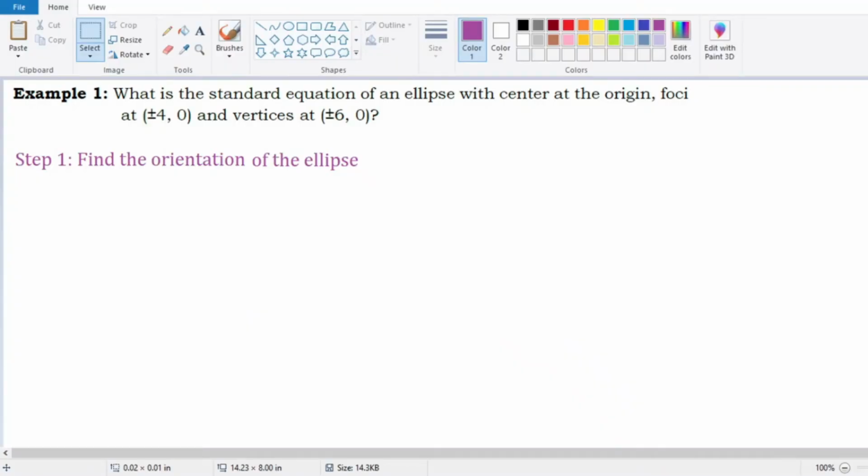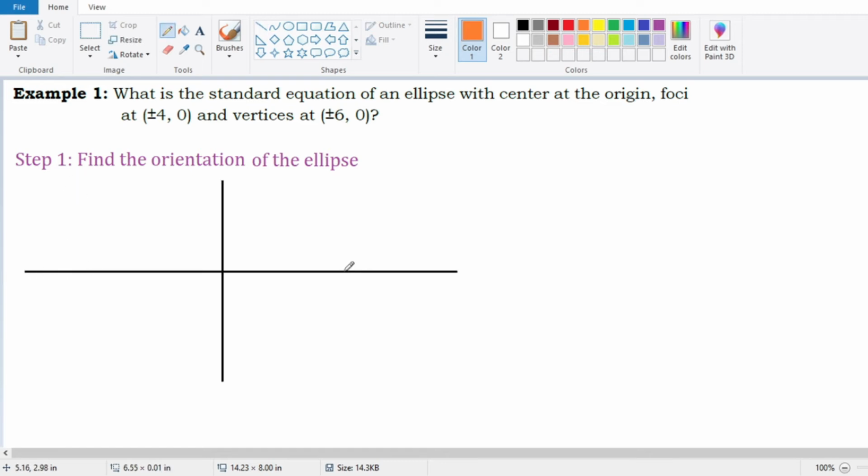Let's have an example. Step 1 is to find the orientation of the ellipse. So, magagawa natin yon by sketching kung ano yung orientation niya. So, given dyan is foci na located sa positive 4, 0 at saka negative 4, 0.